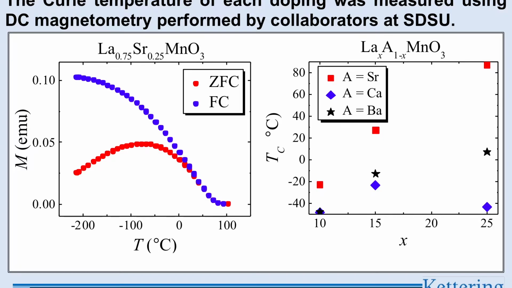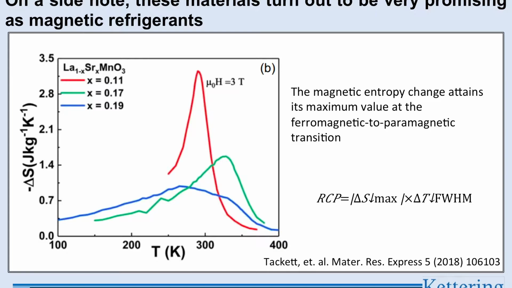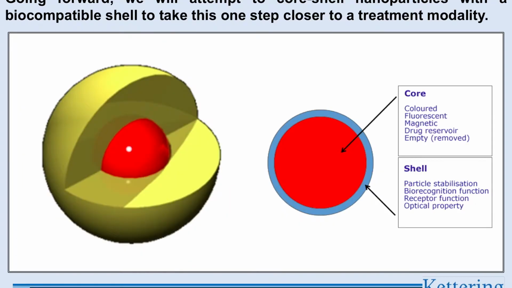The very bad part about these is that I don't think you want to put lanthanum manganate in your body with that heavy metal lanthanum. So these are not really biocompatible. Our next step is to look at whether we can coat these and make what we call a core-shell nanoparticle. We'll have the strontium-doped lanthanum manganate in the core, since we already have the magnetic species there.